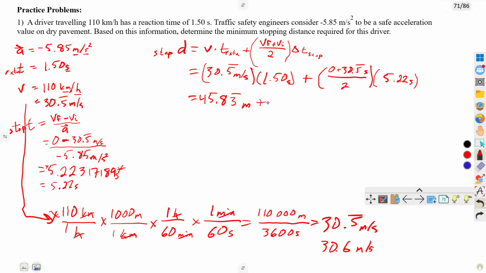then multiply it by the 5.2231789. Going to do that here, and I'm going to get 79.79845,943 meters.